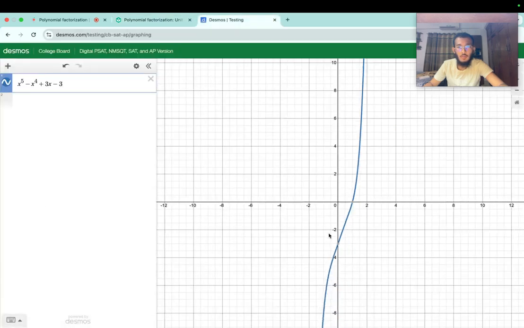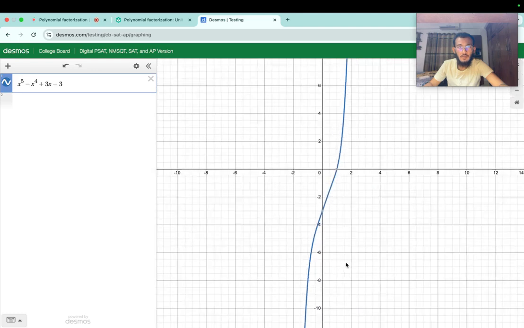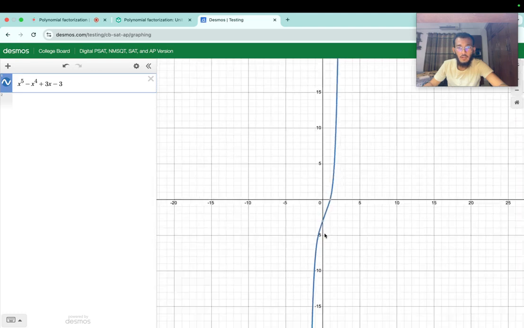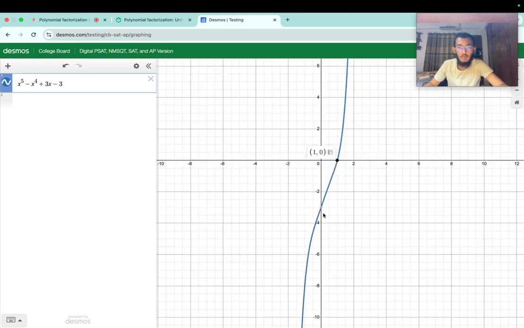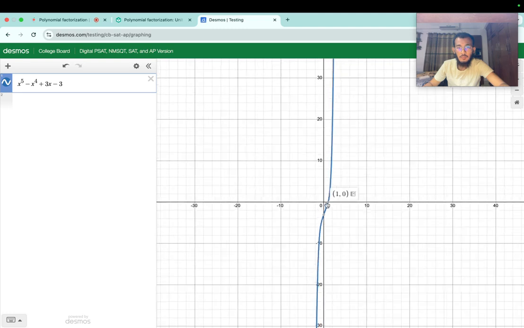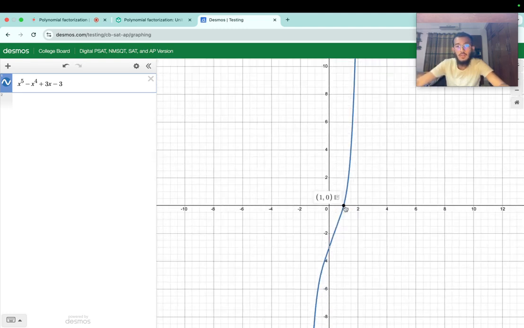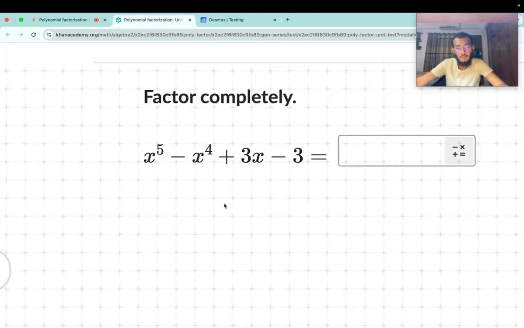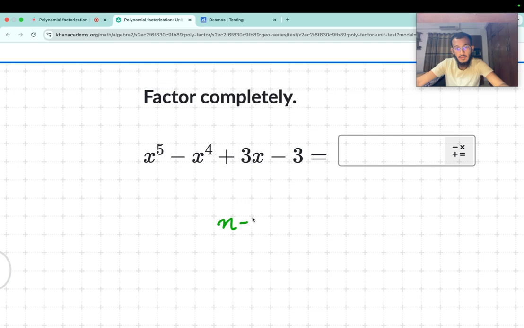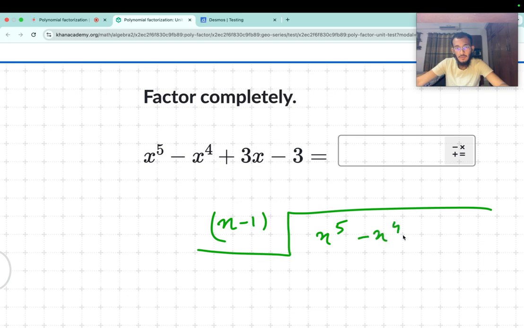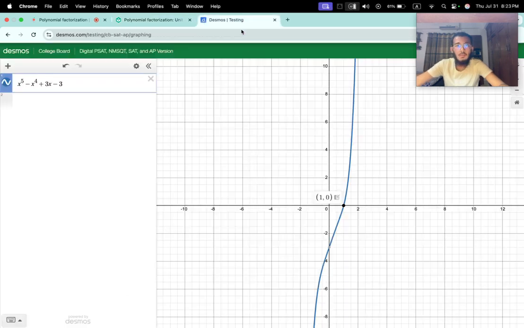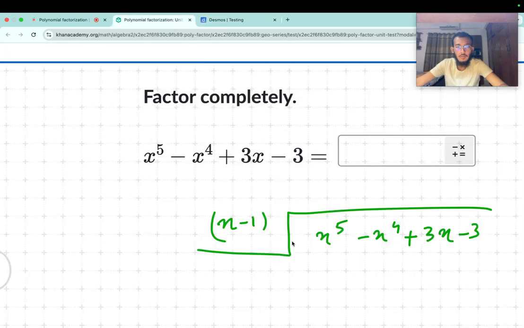So what do we get? We get 1. x equals 1 as the only root. So if x equals 1 is the root, then x minus 1 must be a factor. If that is the case, then we have to do long division to find the other factor, because there's only one root, x equals 1, so x minus 1.